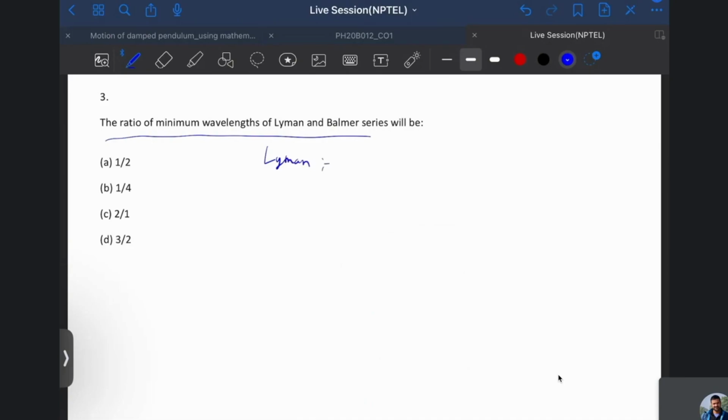For Lyman, 1 by lambda equals Rydberg constant times 1 by 1 square minus 1 by n square, where n is 2, 3 and so on.